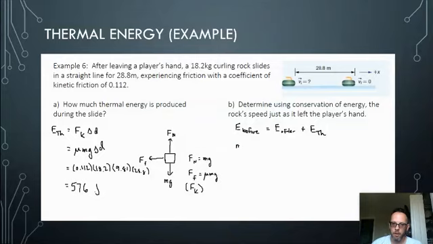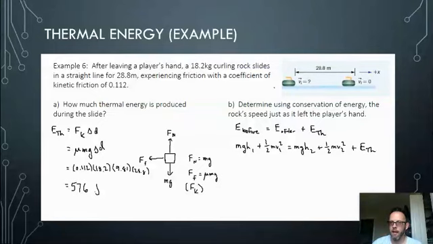If you want to go right to this, you can. So the energy before, gravitational potential energy, kinetic energy, equals mgh2, half mv2 squared, plus the thermal energy.